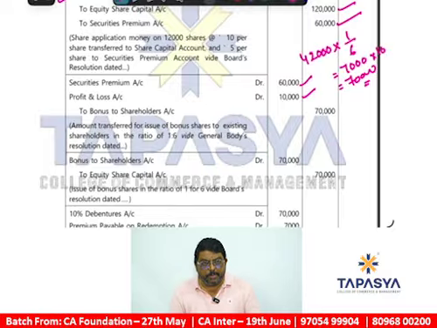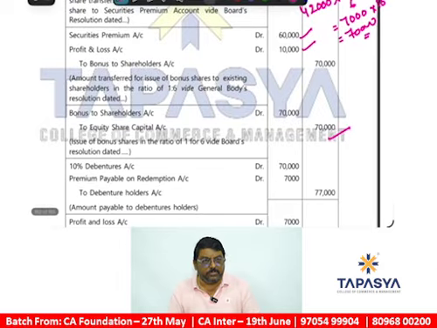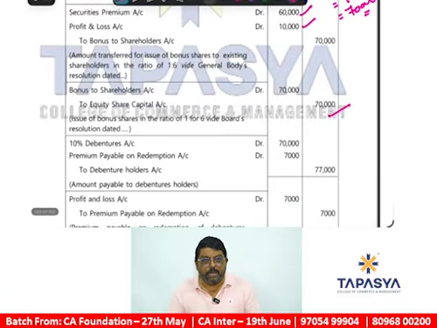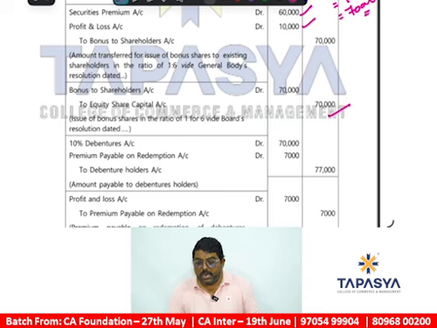So security premium account debit, P&L account debit to bonus to shareholders, bonus to shareholders to equity share capital account. Right shares are completed, bonus shares are completed. Now happily you can redeem your debentures at 10% premium. Last one is they are planning to redeem the debentures at 10% premium and DRR investments also sold away.